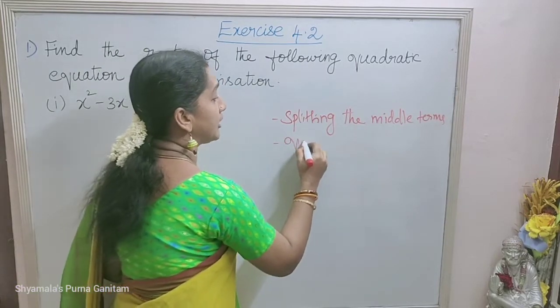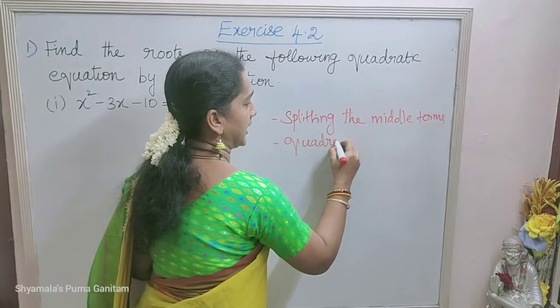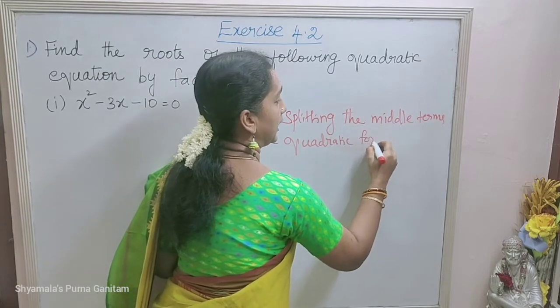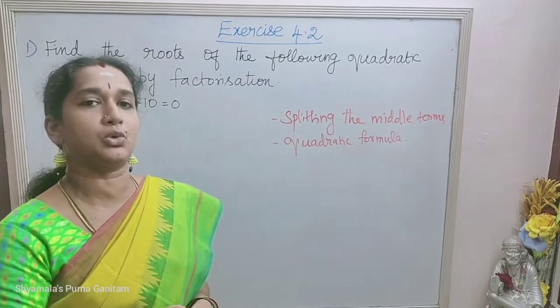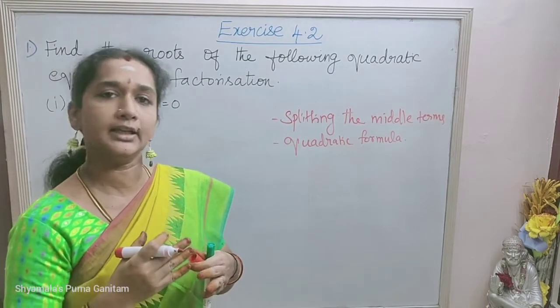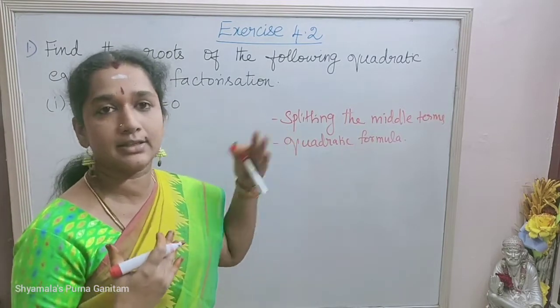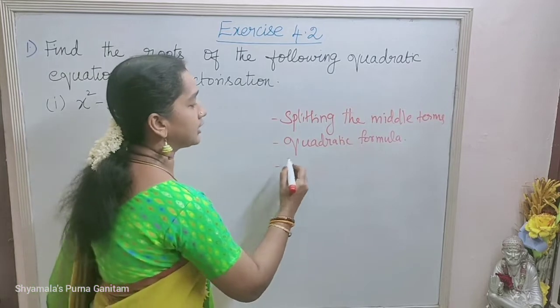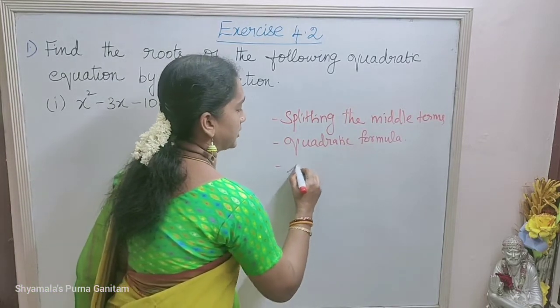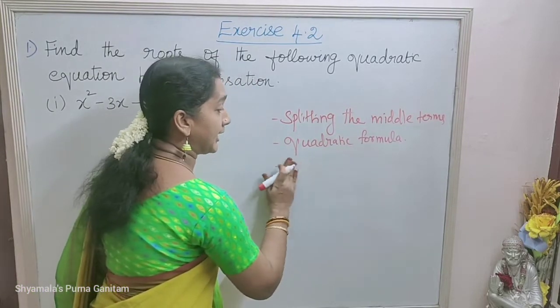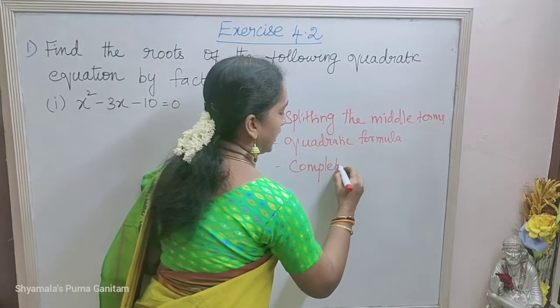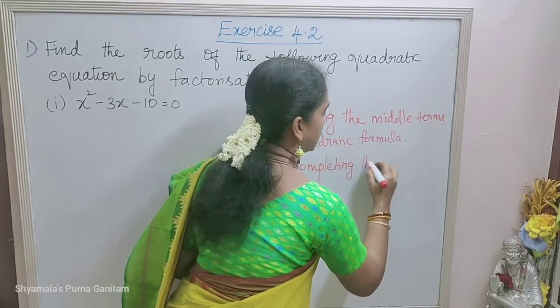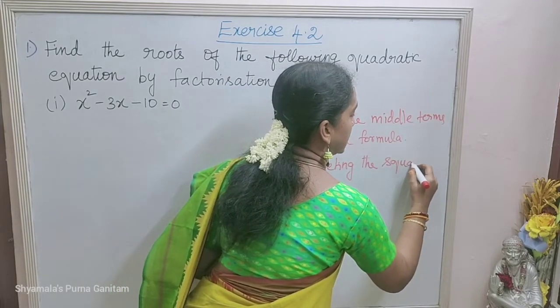The second method is the quadratic formula. A formula is given. In that formula, we will substitute the coefficients of the quadratic equation and find the zeros or the factors of the quadratic polynomial. The third one is the completing the squares method.